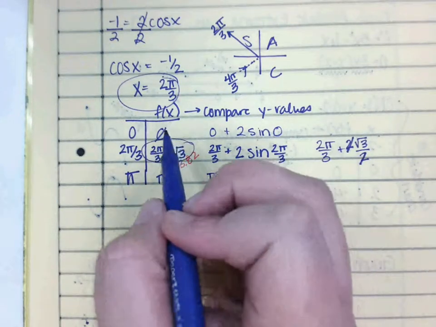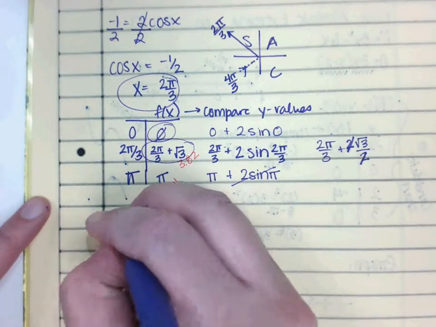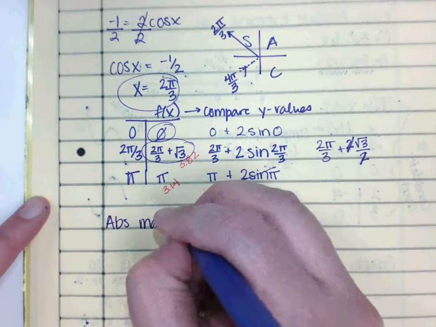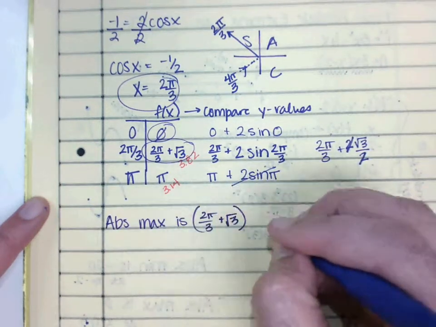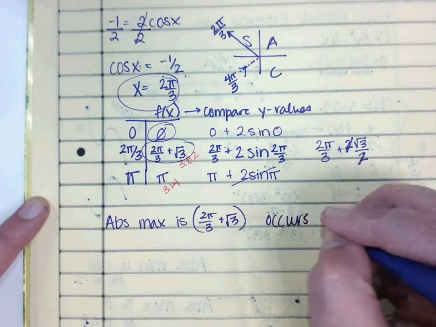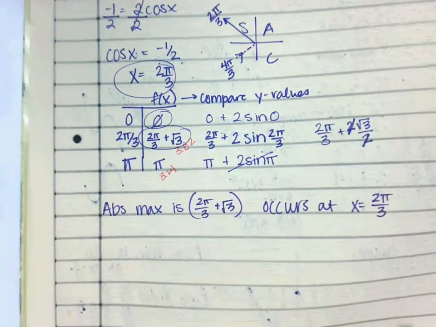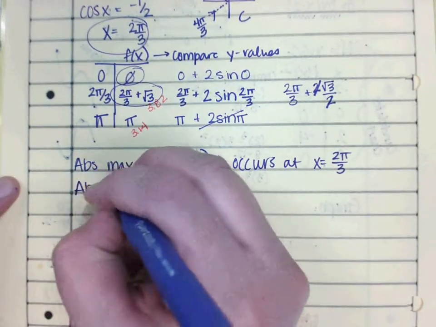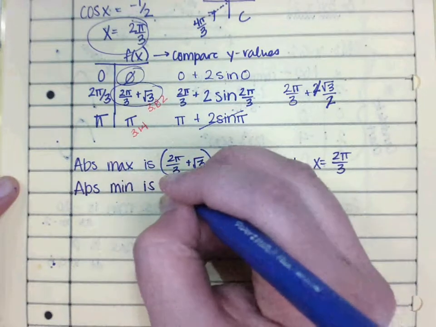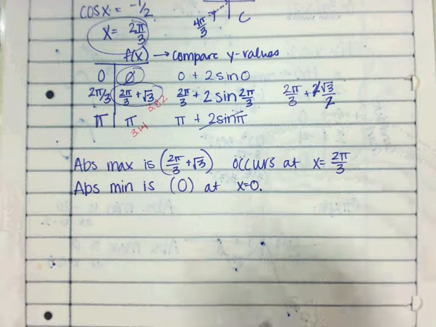What's the min? 0. So you would write the absolute max is 2 pi over 3 plus root 3, and it occurs at x equals 2 pi thirds. Okay, then my absolute min is 0, and it occurs at x equals 0.